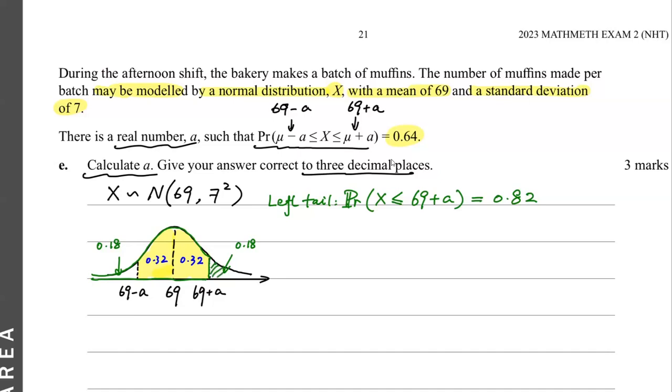Because we are excluding this part, 0.18 on the right tail. So use inverse norm. We find a Z value. Okay, just let me get the value.